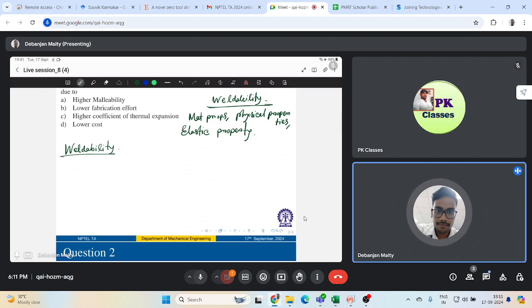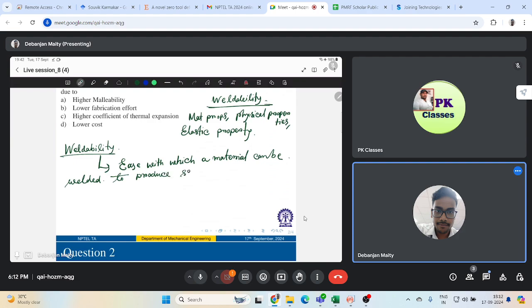So we will characterize my joints. So this is the ease with which a material can be welded to produce sound, defect-free joints.